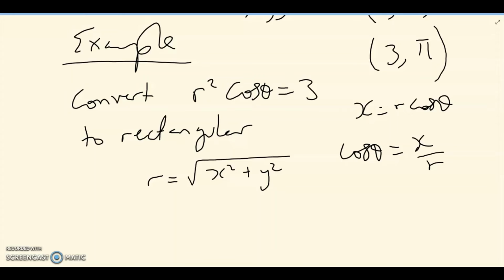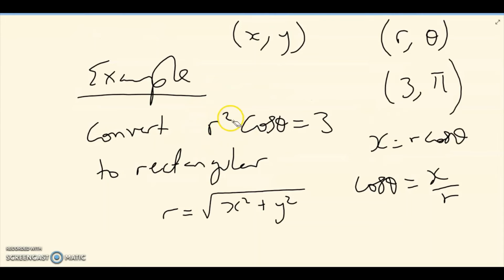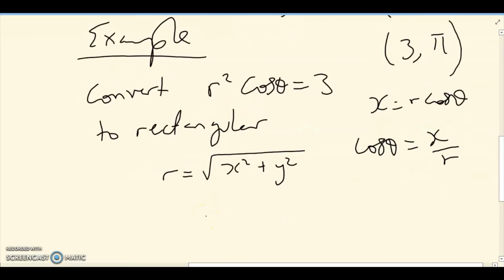So in our equation, wherever there is r, we can replace it with this, which has all x's and y's, and wherever there is cos theta, we can replace it with this. This is r that is squared, so we are going to square this.